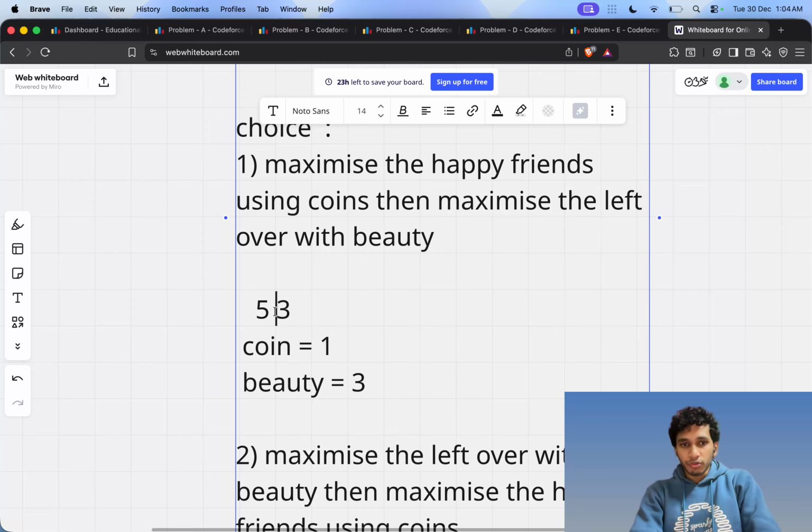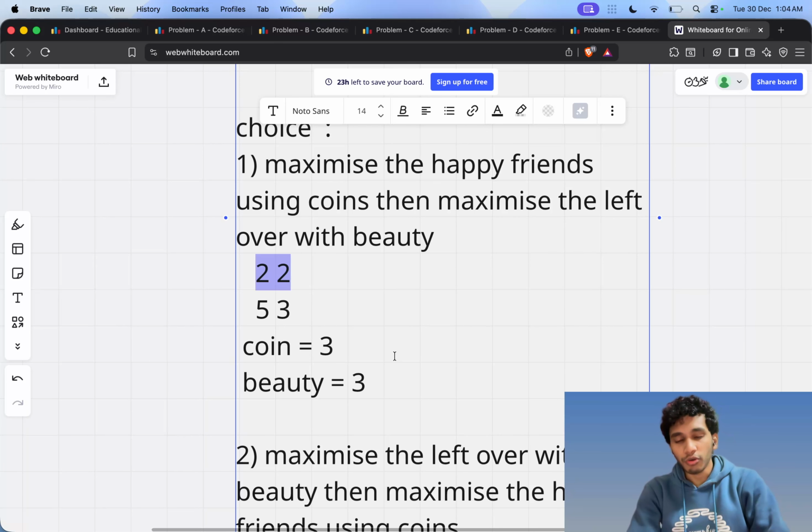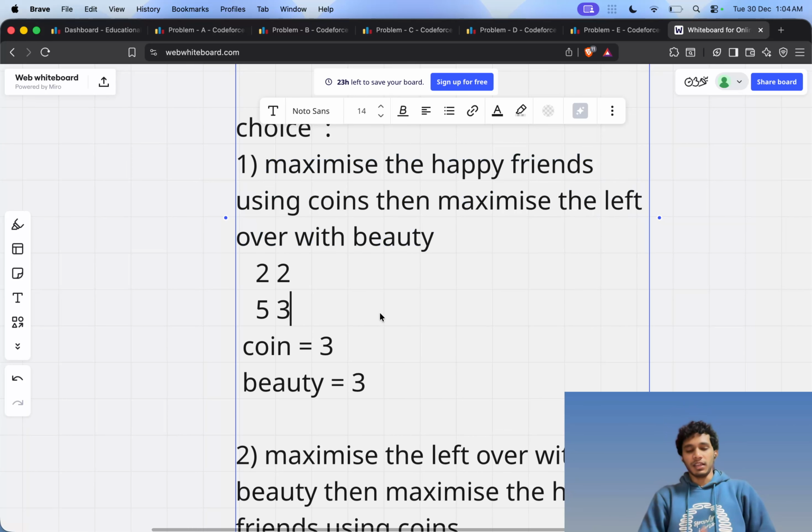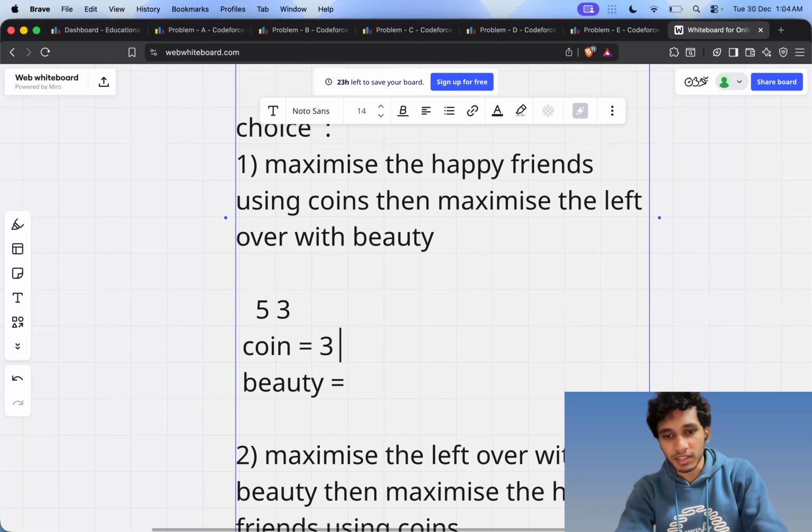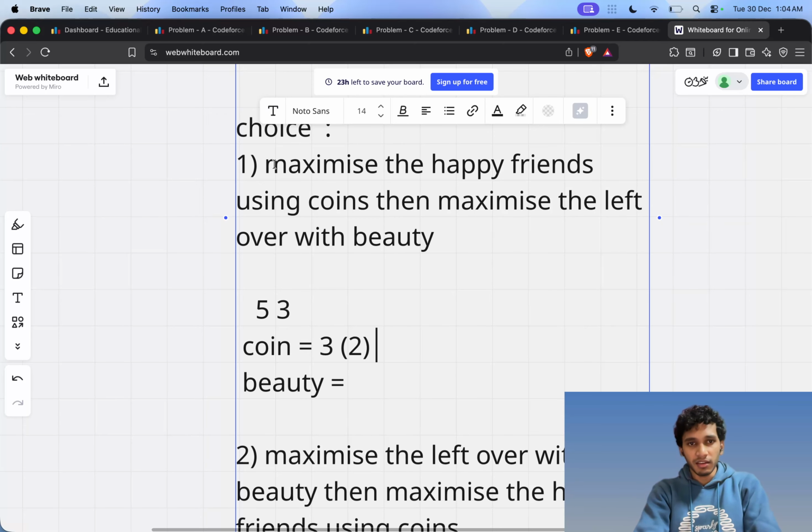We have one coin, so we cannot. We have 3 beauty, so we cannot make him happy either. So this particular idea will give us the answer 1. But is it true? We could have used this beauty to make the first friend happy, and we could have used this coin to make the second friend happy. So we have an edge case, and this vague idea we had is wrong for sure.